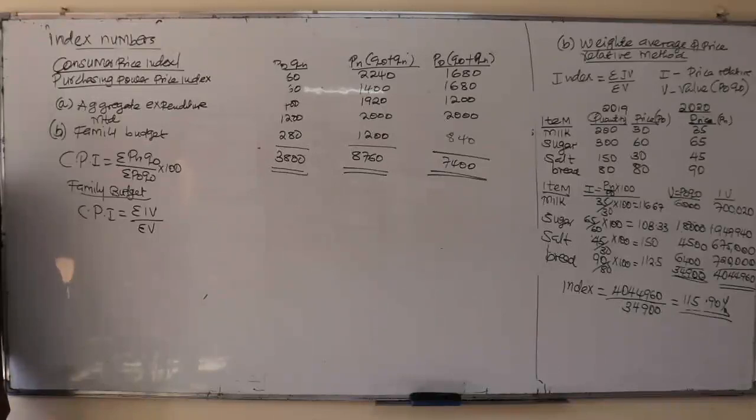The next one, it is difficult to identify a normal period. Then the results obtained using different methods may not be the same.